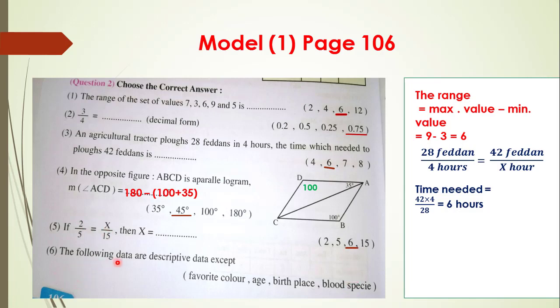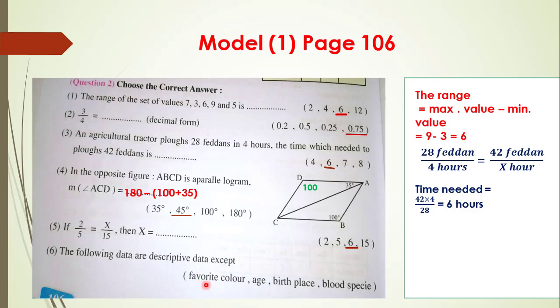Number 6. The following data are descriptive, except. We said before, descriptive data are written in the form of words or description, not in the form of numbers. Here we have descriptive data, except one of them is quantitative data.